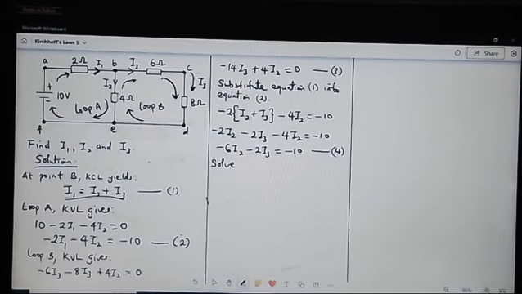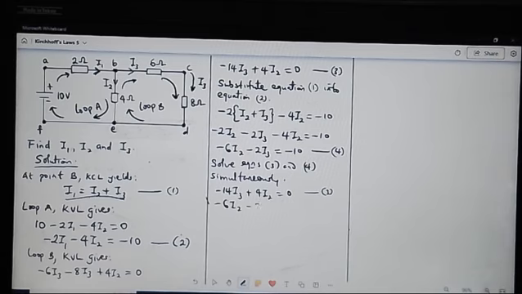So let us solve equations 3 and 4 simultaneously. Bringing them together, I have minus 14I3 plus 4I2 equal to 0, and minus 6I2 minus 2I3 equal to minus 10.